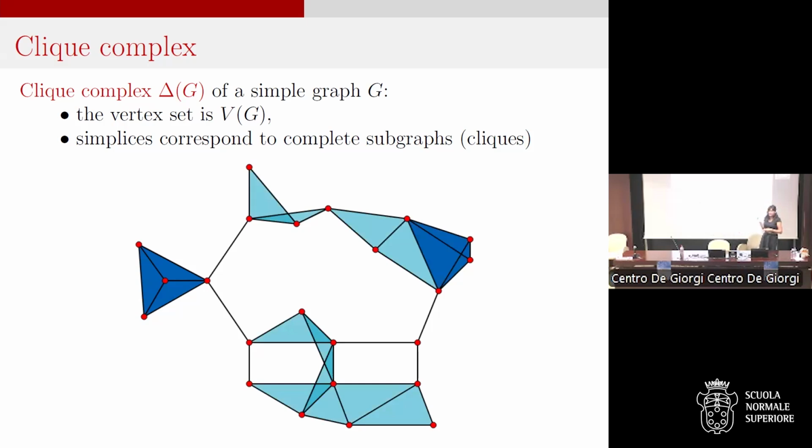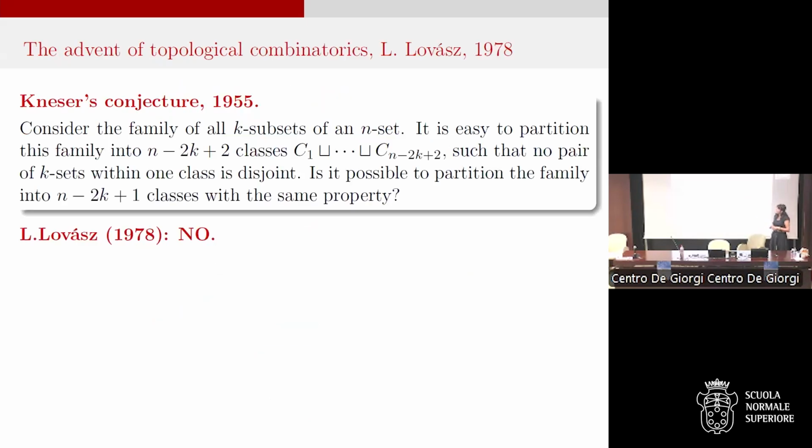And these complexes are very important, for example, in persistent homology and those things. They use them a lot. And now I'm going to talk a little bit about history, about this beautiful result. I definitely want to mention it because that's the kind of birth of topological combinatorics.